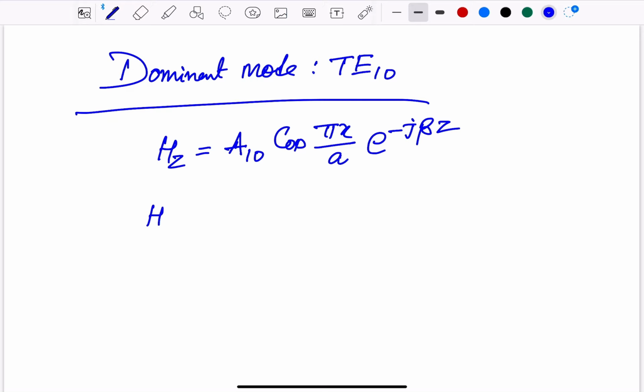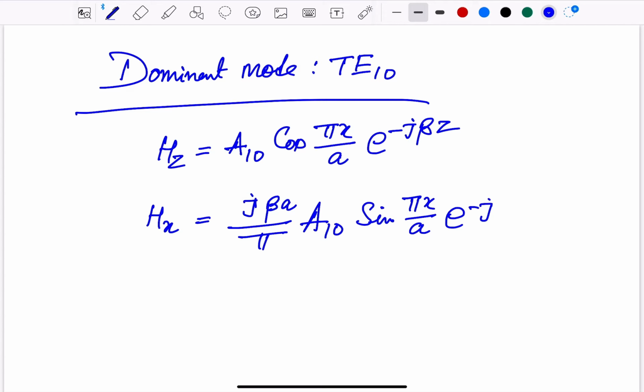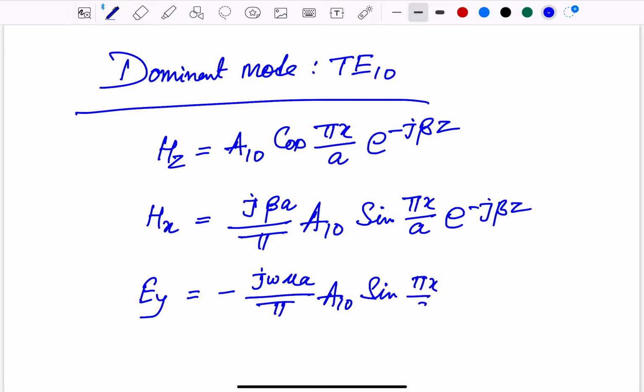Another component will be Hx, which is j beta a by pi A10 sin(pi x by a) e to the power of minus j beta z. And the last component will be the Ey component, which is minus j omega mu a divided by pi A10 sin(pi x over a) e to the power of minus j beta z.